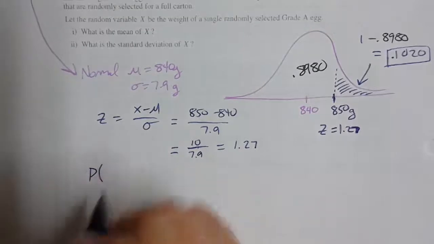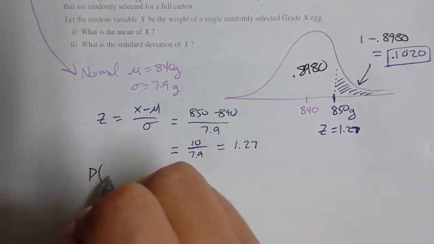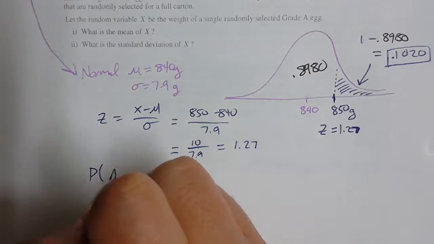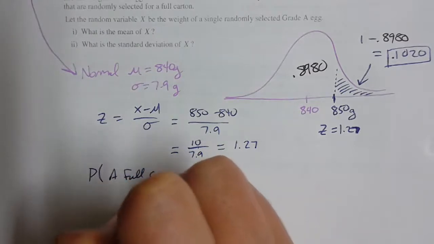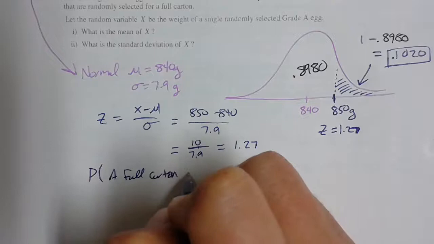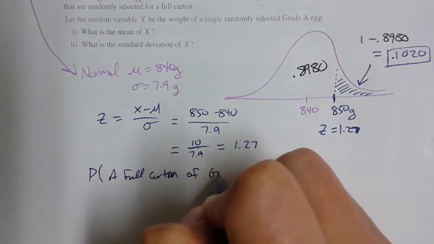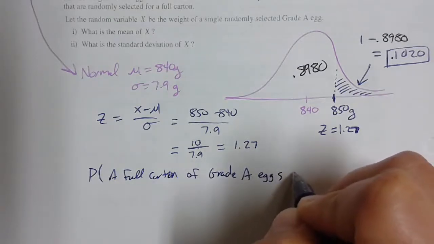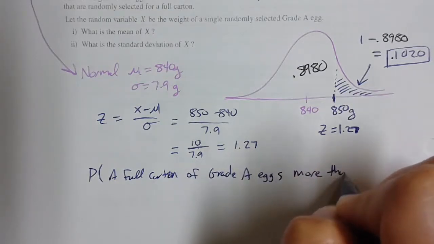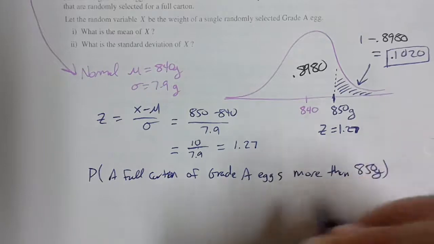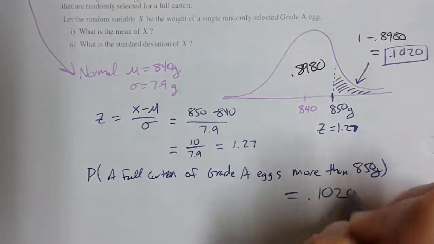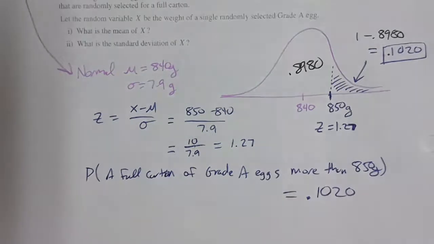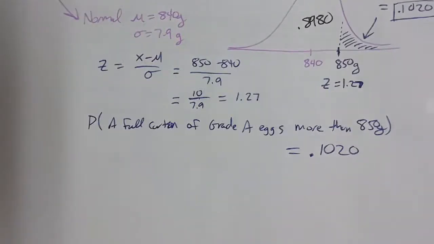So the probability that a full carton of grade A eggs weighs more than 850 is 0.1020. And so once we have this calculation, part A is finished. We've got that one completed.